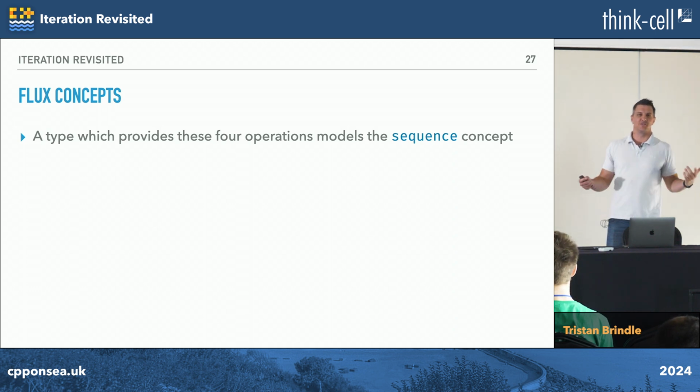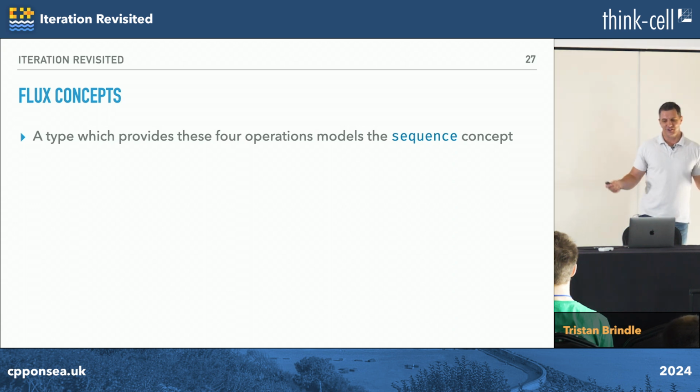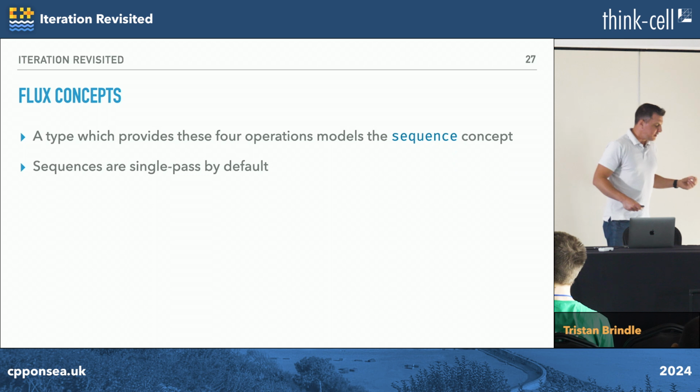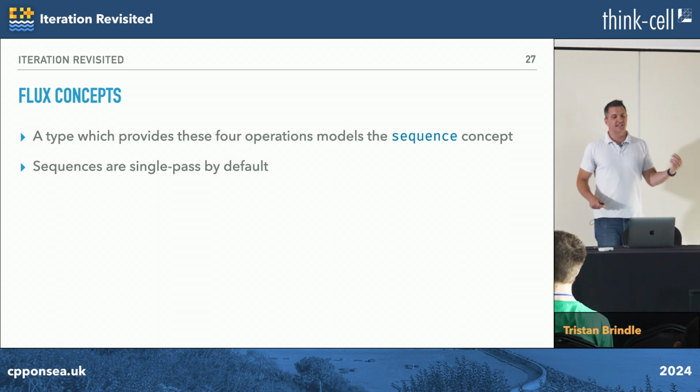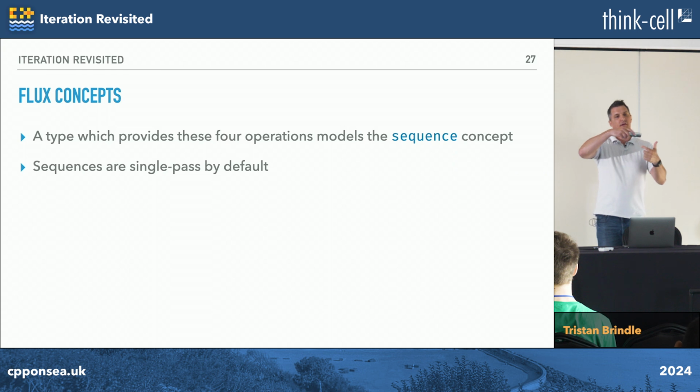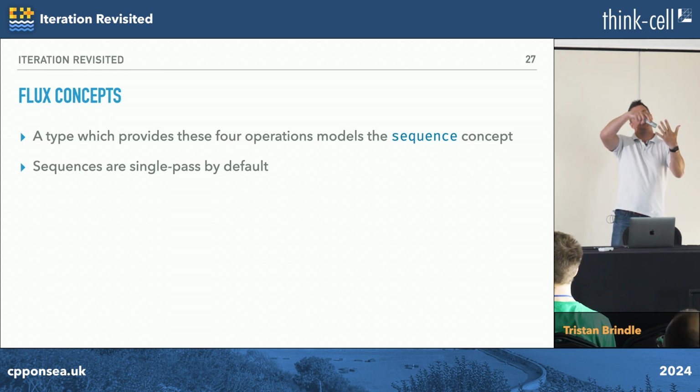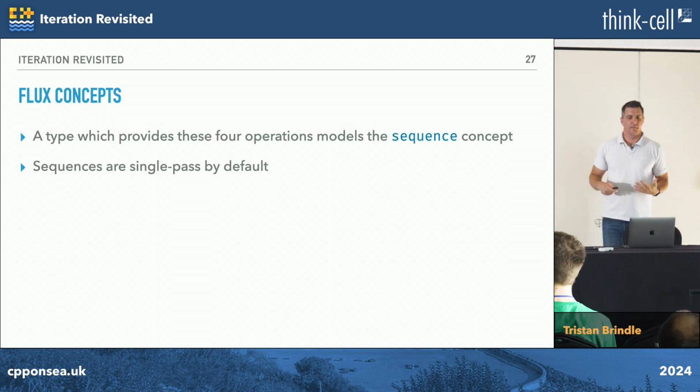Now, the term sequence is also overloaded, but you've got to call it something. As with the STL, we assume that sequences are single pass by default. Once we have iterated past some element, we can never go back to it. This is the same as input ranges in C++.